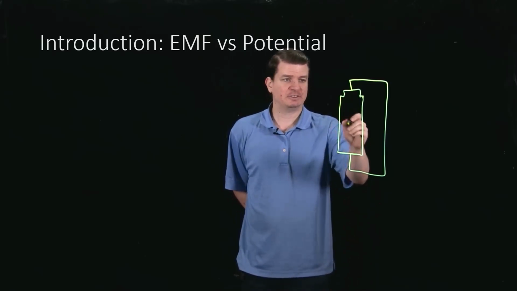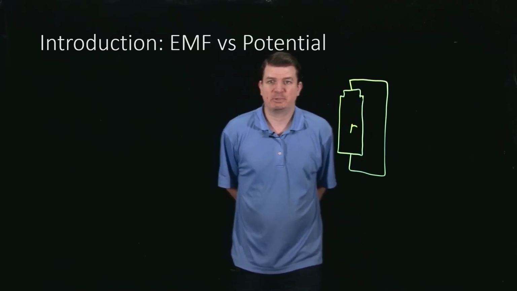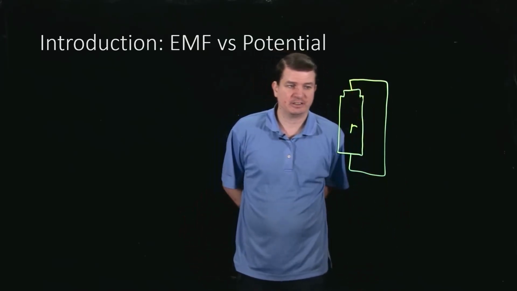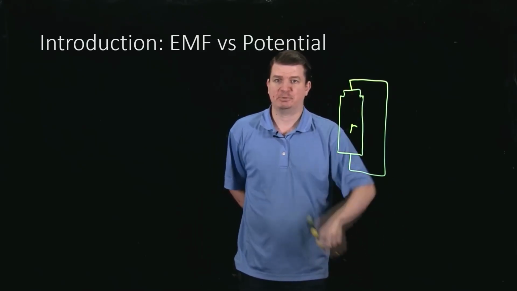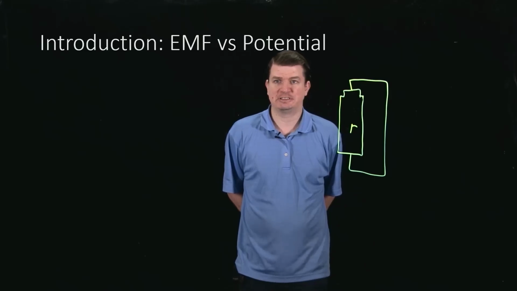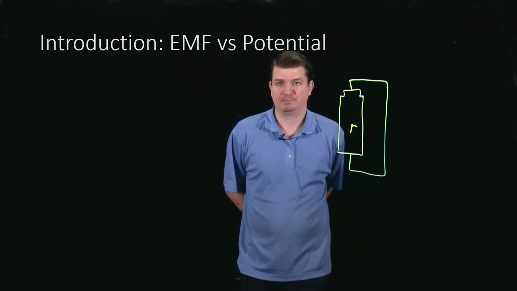So if you call that resistance little r, that's the internal resistance of the battery, then what you realize is even in this ideal circuit, you've got some resistance happening here. And of course, we know that in order to overcome a resistance, you have to use up some of your energy, and that results in a potential drop.